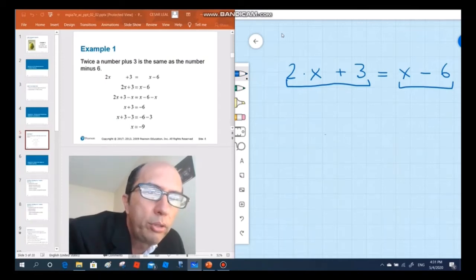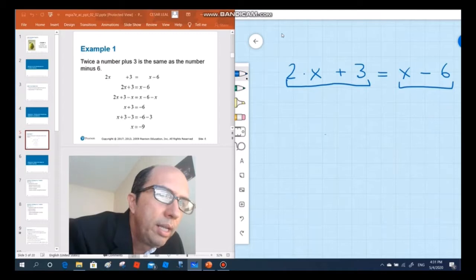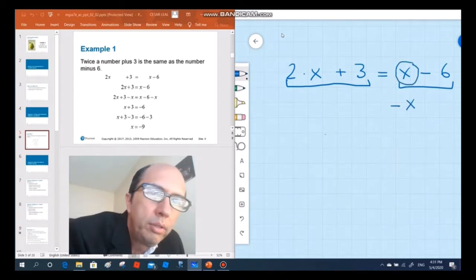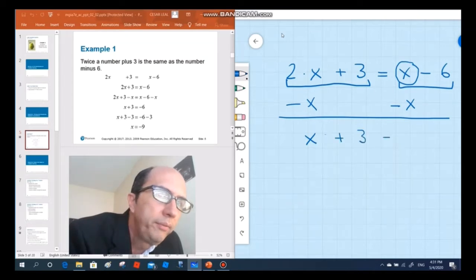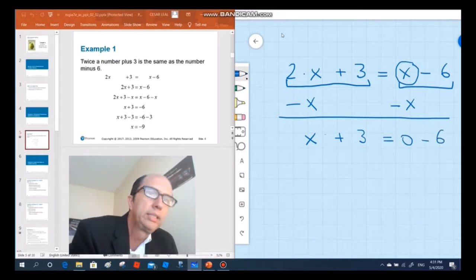To have only variables on this side, we need to get rid of this x from that side, so we will subtract x from both sides. 2x minus x, x plus 3 equals x minus x, 0, minus 6.